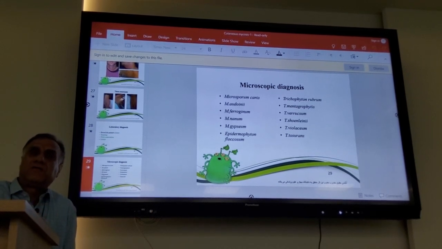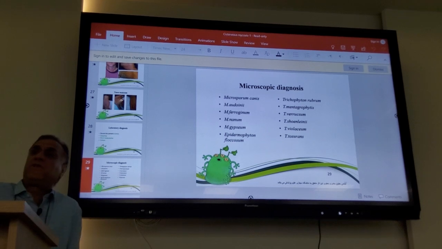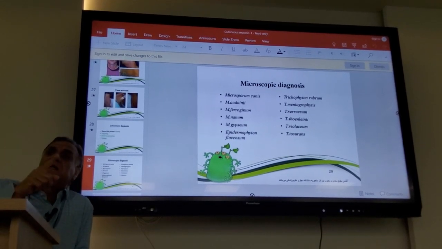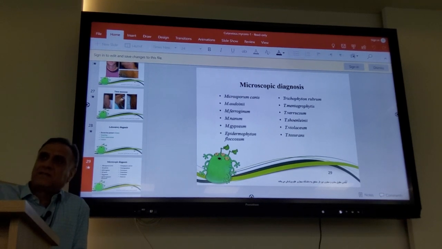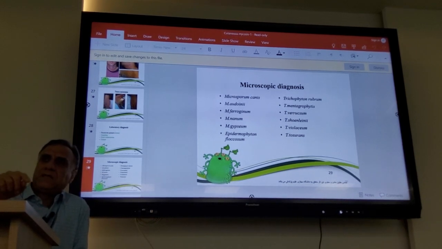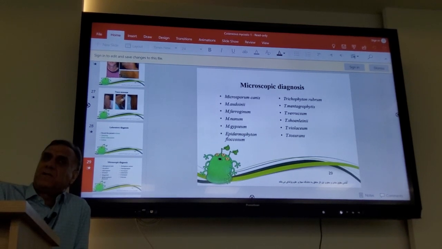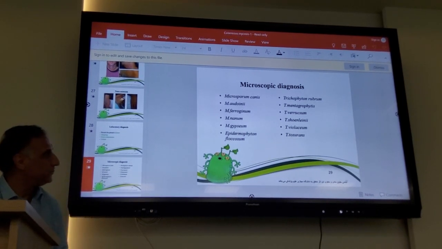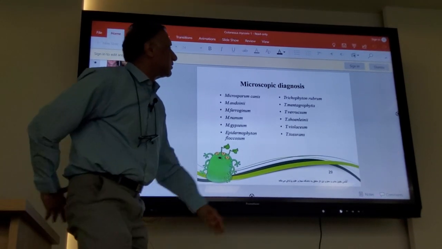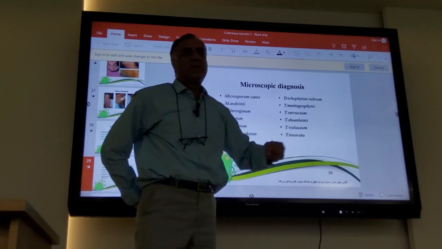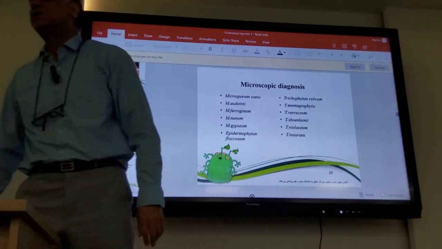You can find it in tinea cruris. Another example question for your exam: which dermatophyte leads to tinea corporis? Usually Epidermophyton floccosum. Trichophyton verrucosum, it is important.